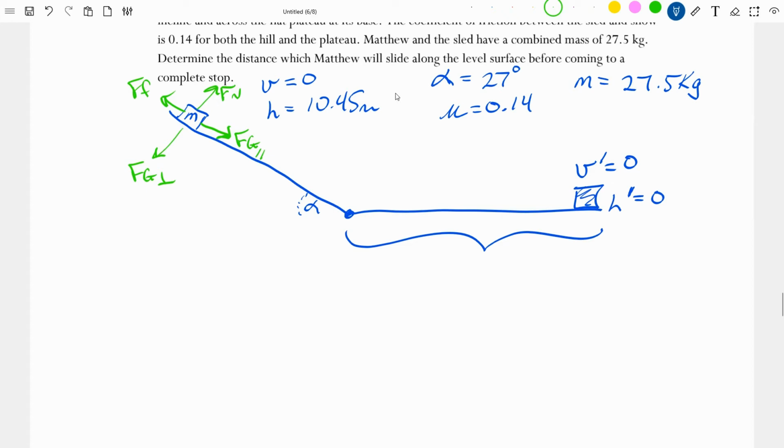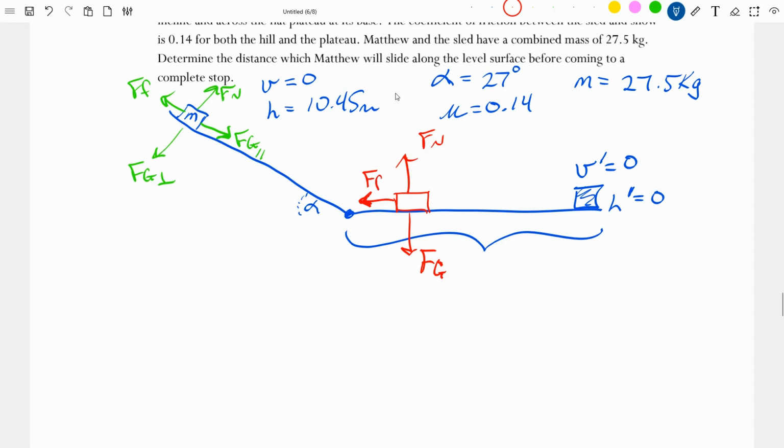Okay, now while he's on the incline, notice that these two will balance each other, right? Because there's no acceleration along this line. So the normal force will be equal to the force of gravity perpendicular component while on the incline. That's going to change though, because as soon as he enters the level portion, so let's just say he's still moving along, but just to make my diagram clear, at some point there's going to be a normal force, a force of gravity, and I'm not on an inclined plane right now, I'm just thinking of the conventional force of gravity, and of course friction will be this way now.